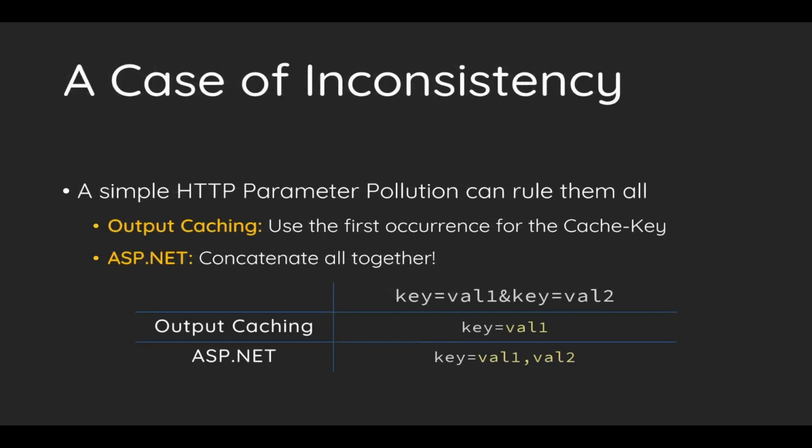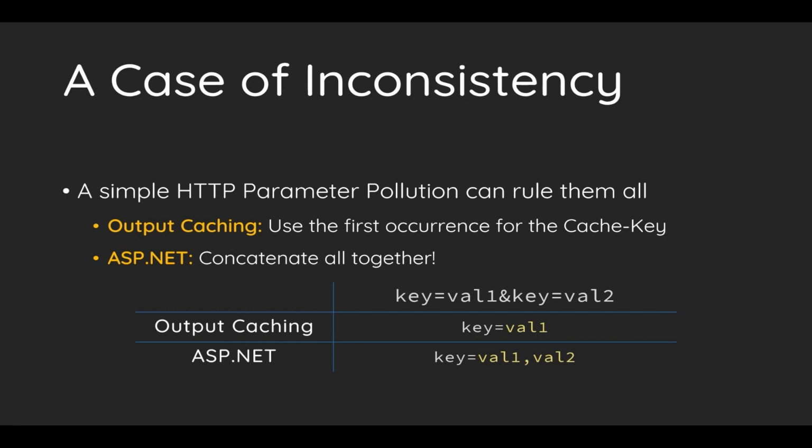In the real world, the most common backend is ASP.NET, and a simple HTTP parameter pollution can rule them all. For the key duplicates in the query string, the module only uses the first occurrence as the cache key. However, the ASP.NET concatenates all together.